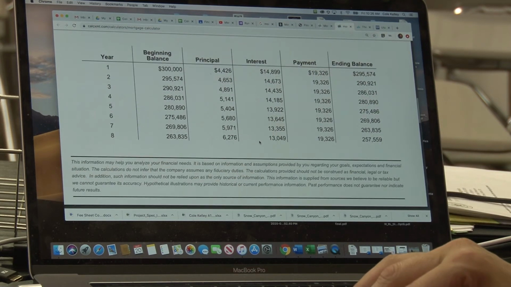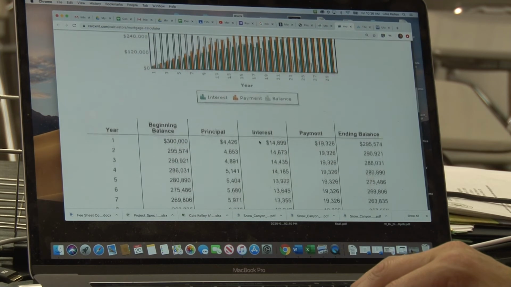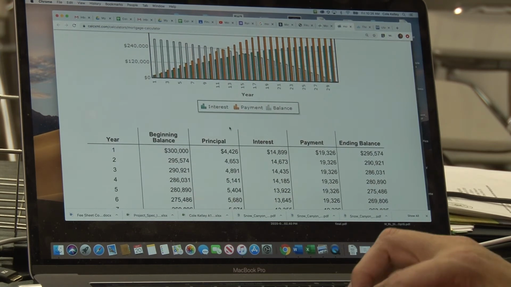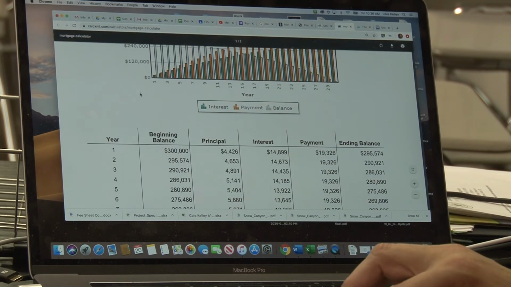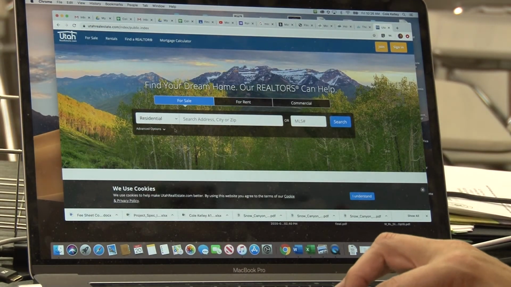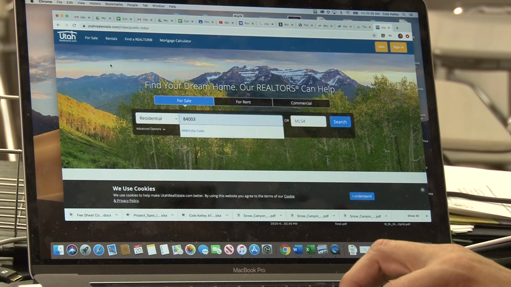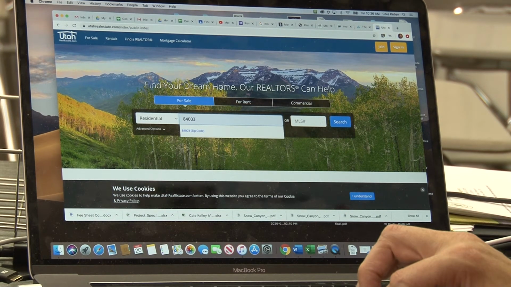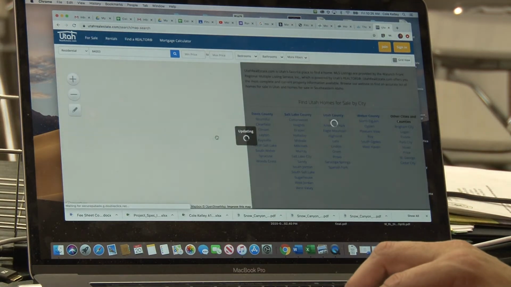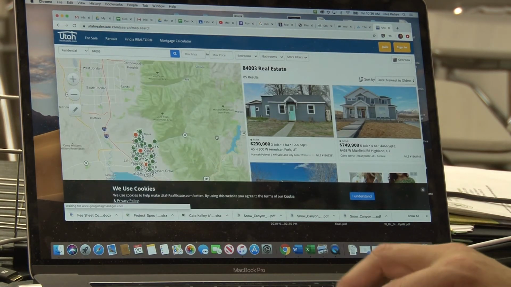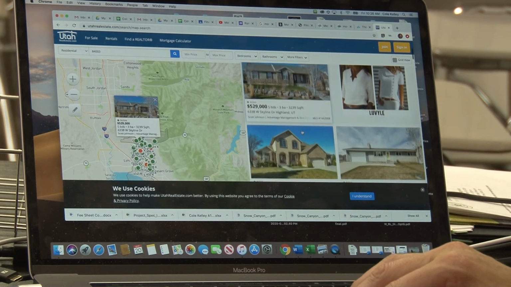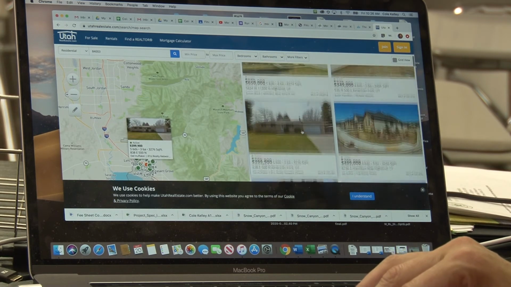All right, so that's what we're looking at: amortizing a mortgage loan. Now here's the activity that I would have you do. If you go to utahrealestate.com and you search for homes in American Fork, Utah, let's buy a modest home in American Fork.